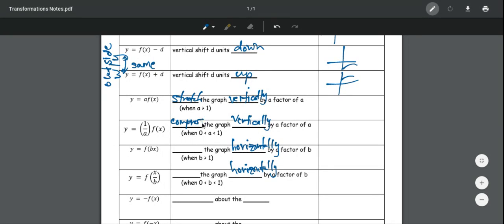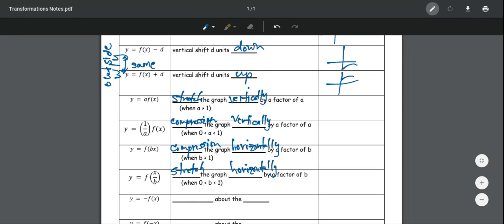It would still just be a, but then it would show this as a fraction. So that's why they wrote this as 1 over a. And these are in reverse. So if it's inside with x, the compression is if it's not a fraction, and the stretch is if it is a fraction, okay?